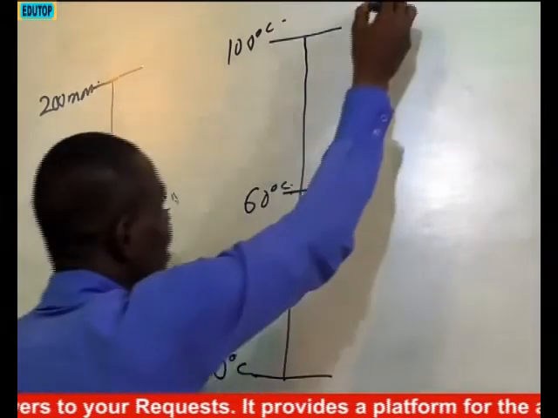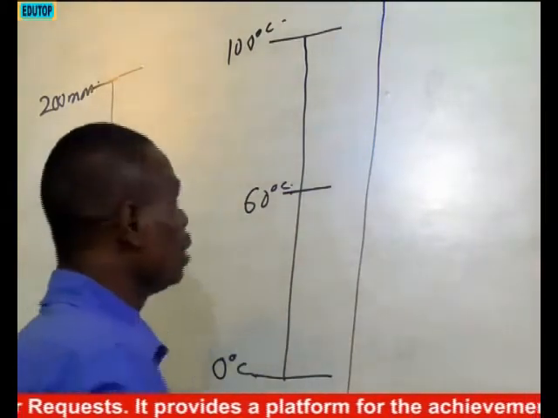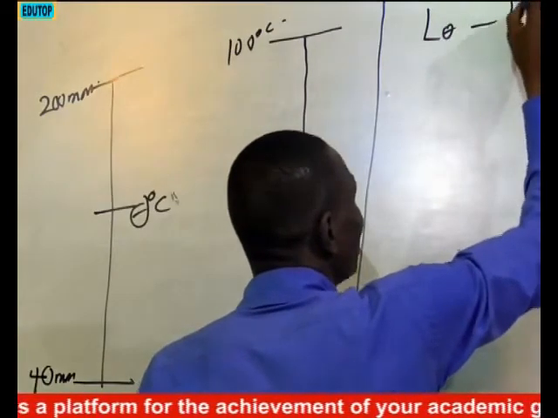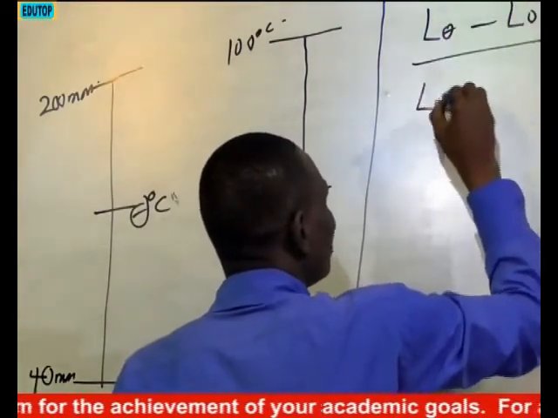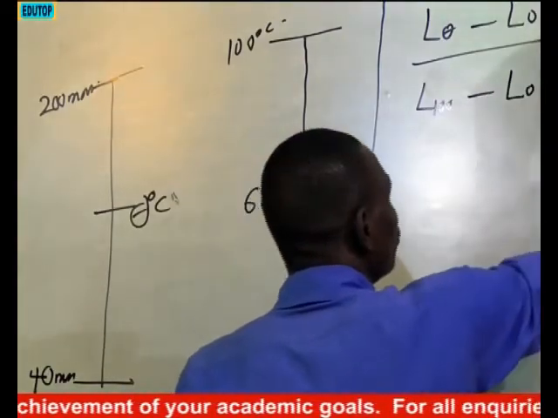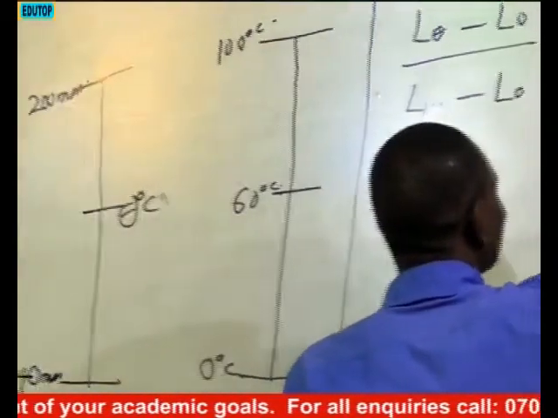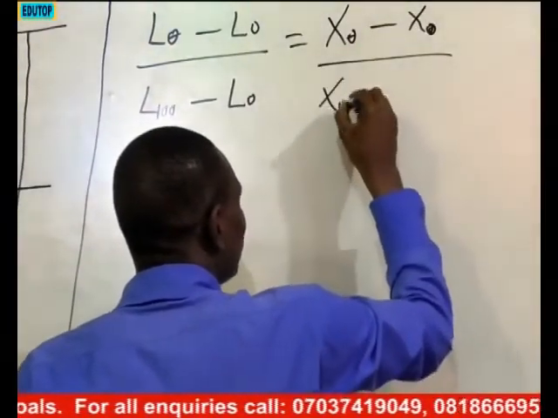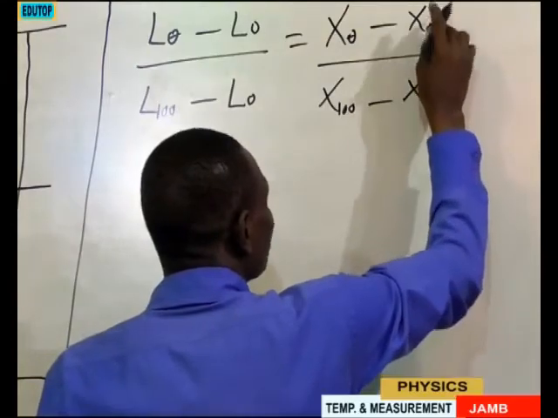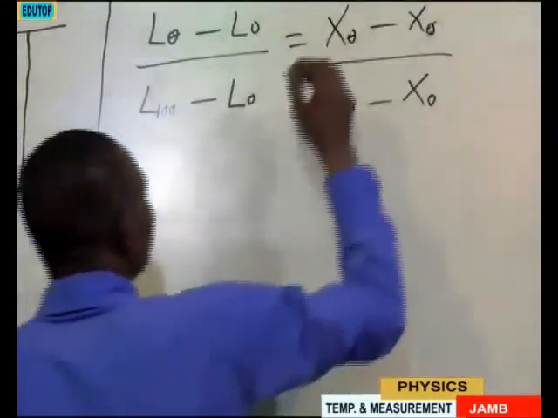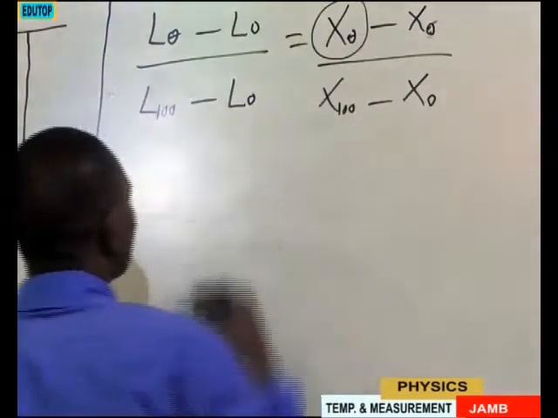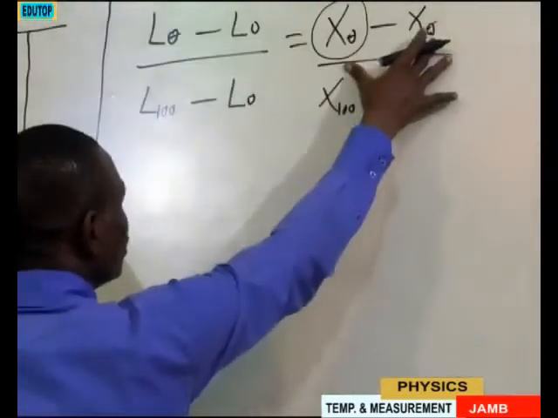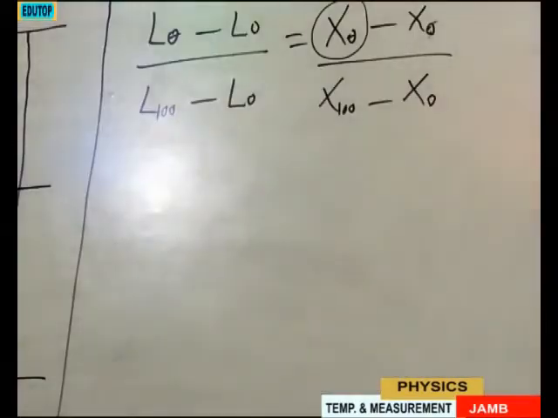If you have to do that, you are making use of this formula: L theta minus L naught over L 100 minus L naught will be equal to x theta minus x naught over x 100 minus x naught. This is the value we are looking for. Let's take it one by one.